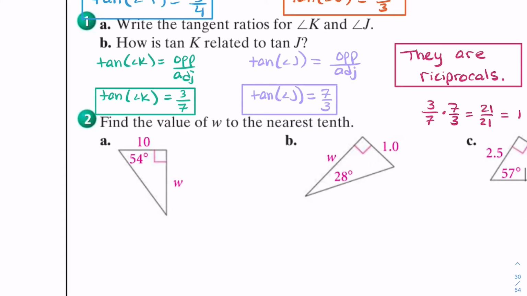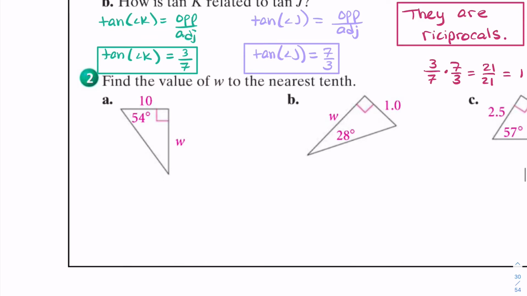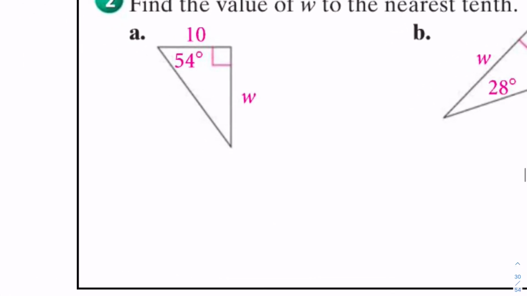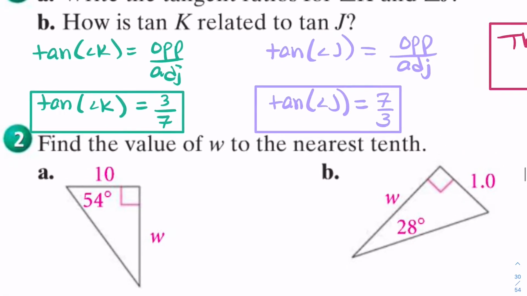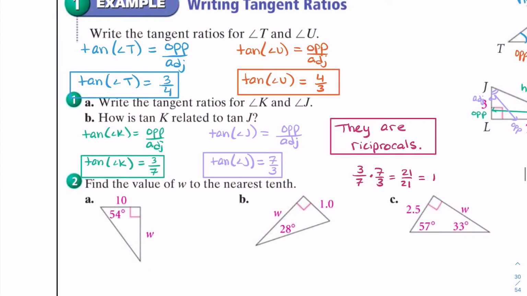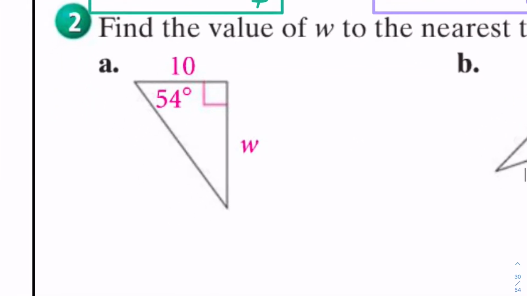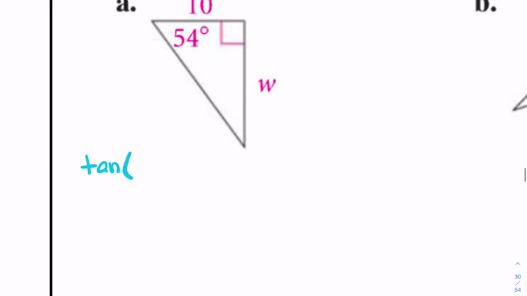All right, this one now, let's actually find the value of W. So in this case, you want to set this up. We're going to be using tangent. What colors haven't I used? Orange, blue. I haven't used light blue. So we are going to find the tangent of my angle, which is equal to opposite over adjacent.